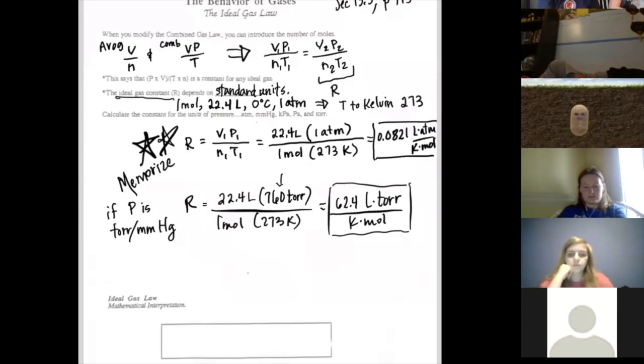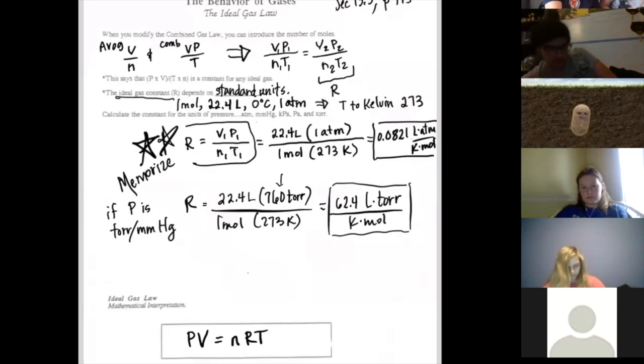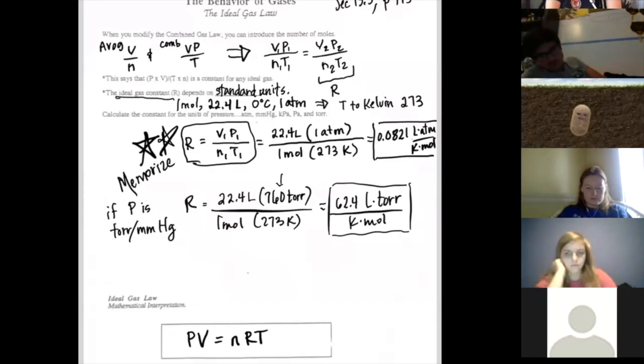Okay, so the ideal gas law is affectionately called the Pivnert equation, because if we just rearrange everything, we get Pivnert, PV equals nRT. That's a rearrangement of this equation up here that we were working with earlier. So make yourself a note down here.